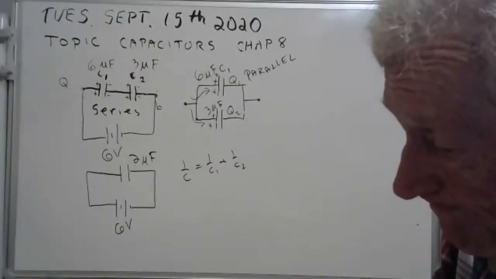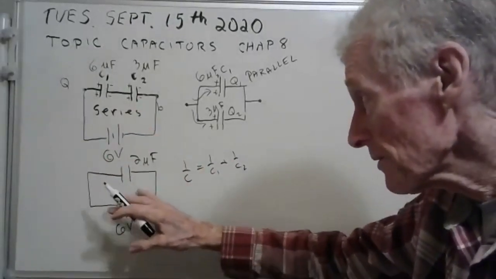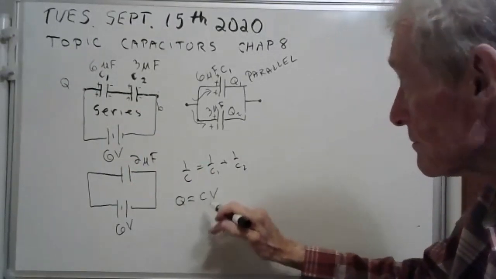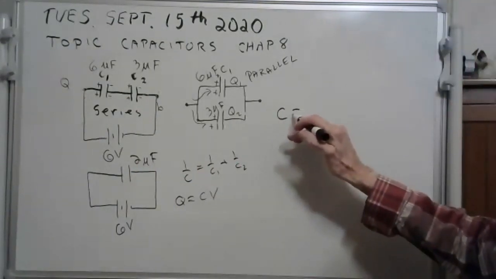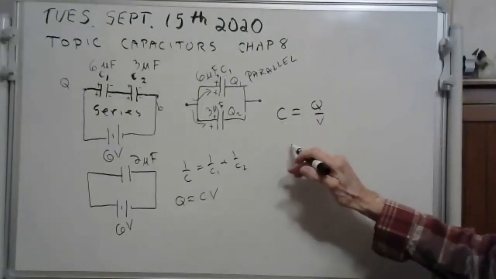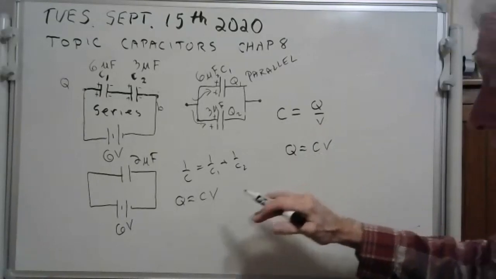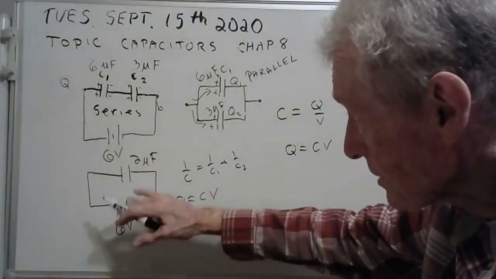Okay. Now this is a lot simpler than that. Here, you can get the charge by just going CV. Memorize this. C is equal to Q over V. And from there, you can get Q is equal to CV. Well, we have the C and we have the V. It's 6 times 2, that's 12.